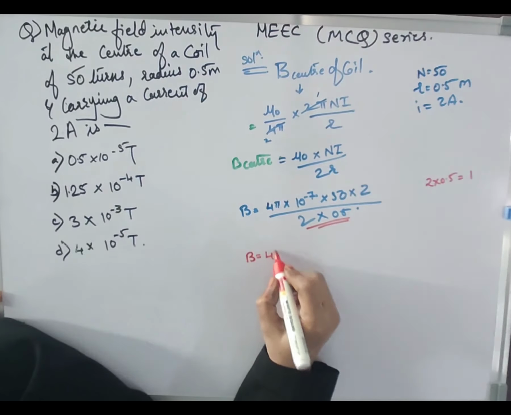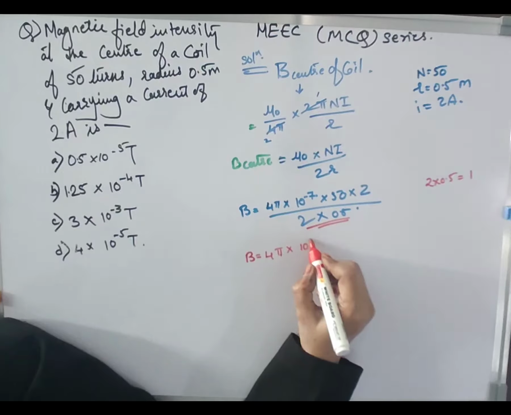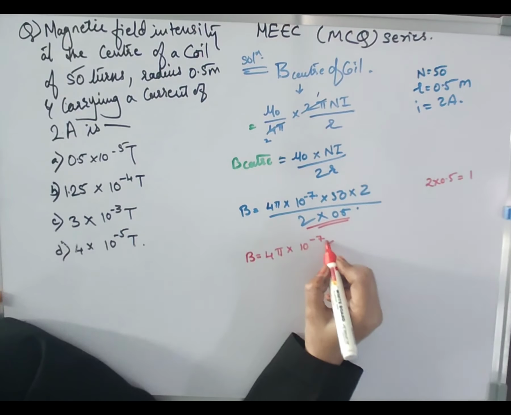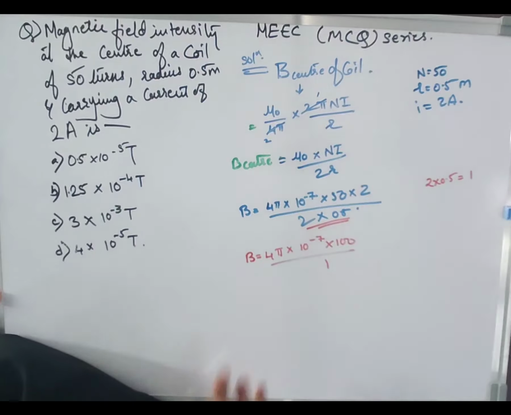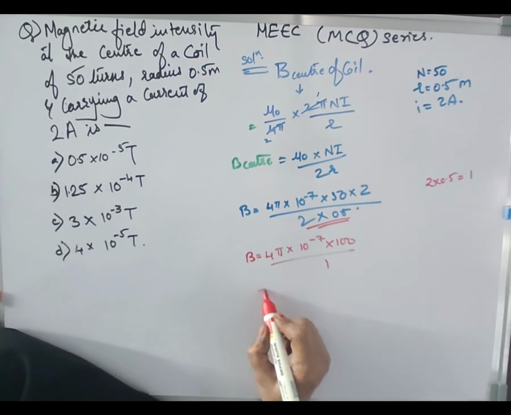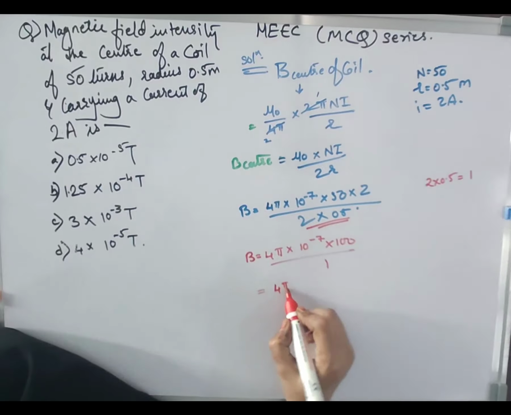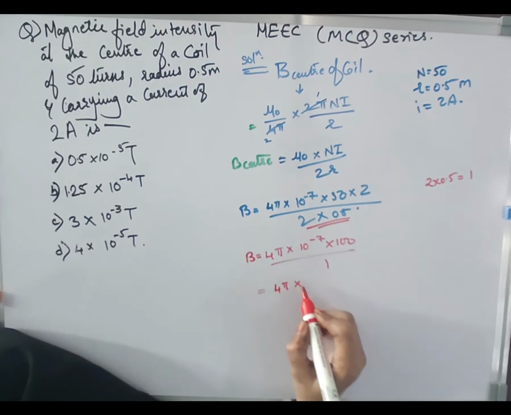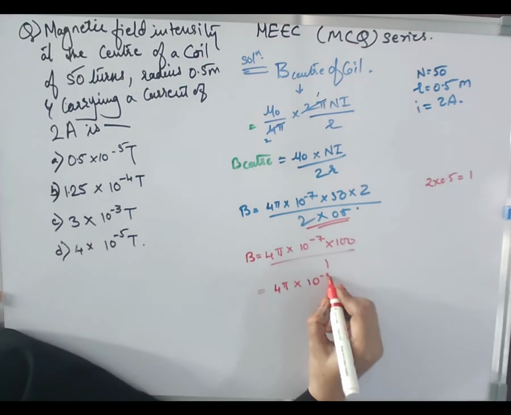So we get 4 pi into 10 raised to minus 7 into 100, the whole upon 1, which becomes 4 pi into 10 raised to minus 5.